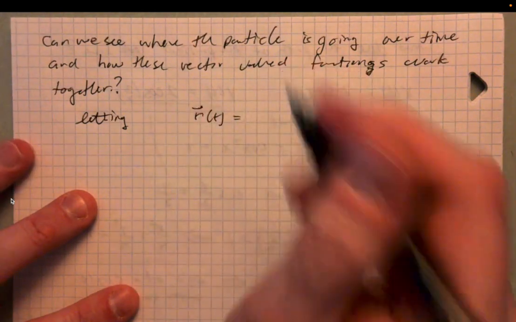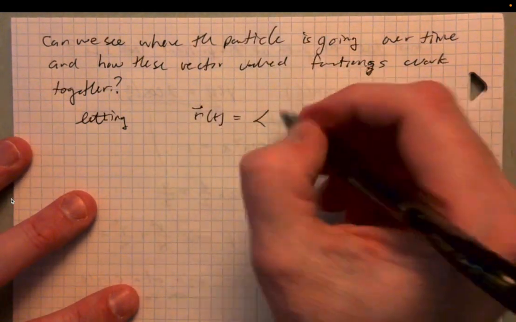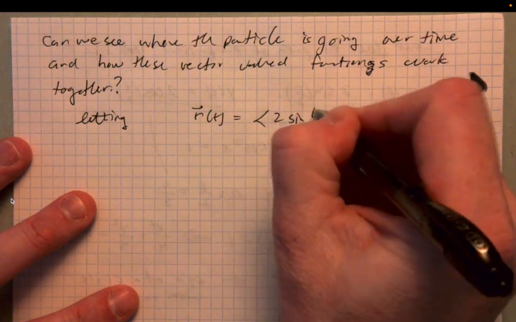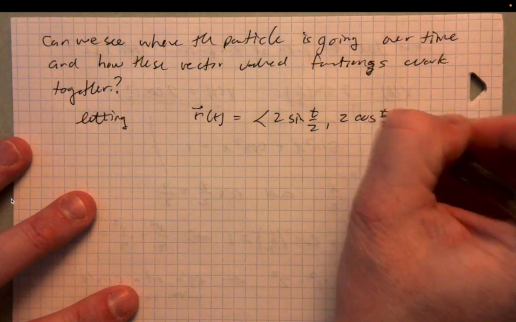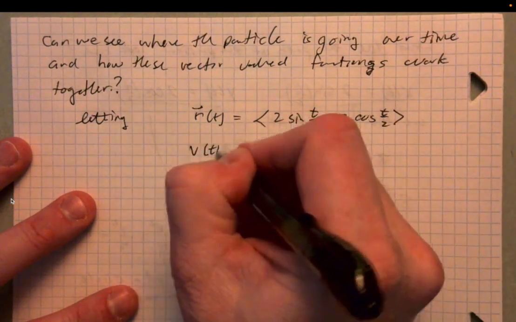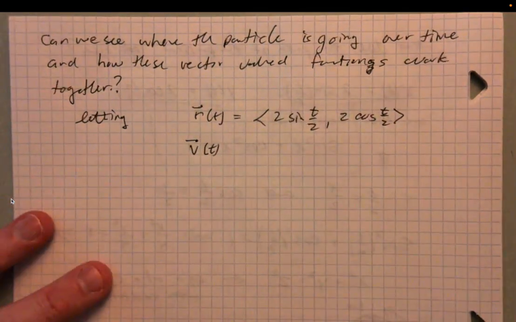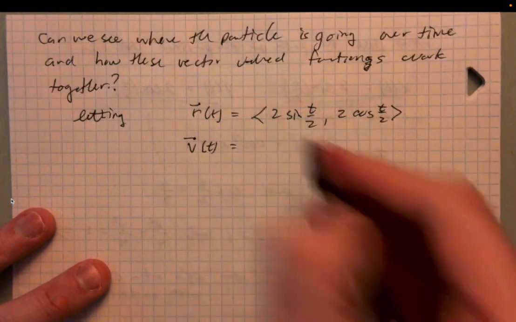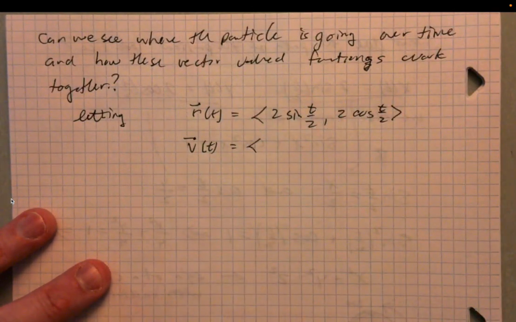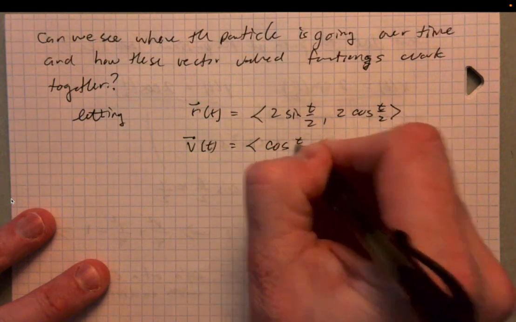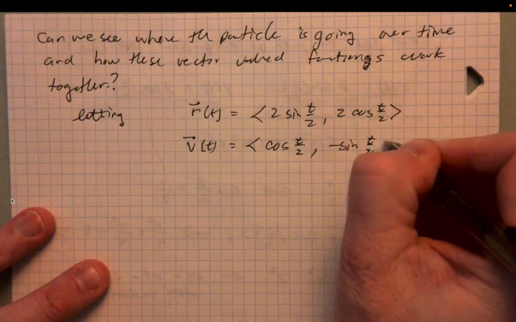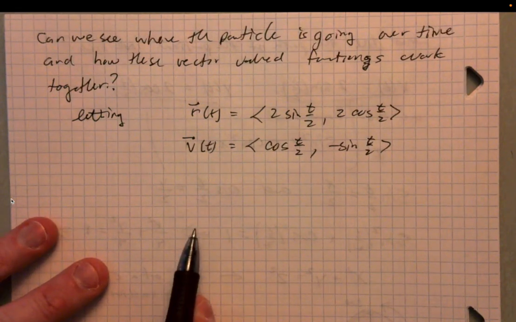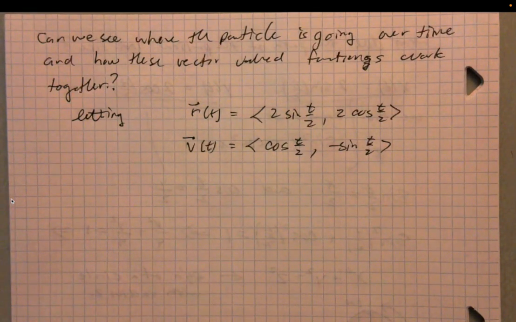Let's level set, and I'm going to switch notation. We're going to switch to the vector notation here. So this will be 2 sine of t over 2, comma 2 cos t over 2. And the reason I'm switching here is because we're going to build a table of values. And it's just a little easier when you've got the component form like this, I think. So this will be cos of t over 2 and negative sine of t over 2. It's also useful being able to switch between these two notations.